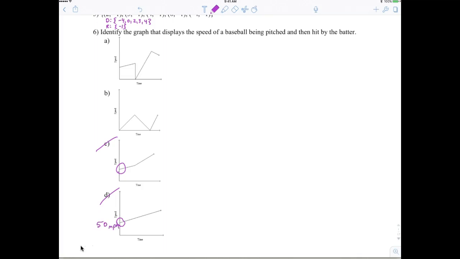Does everybody see that? Like when you throw a baseball, I would think that the baseball starts out at what? Zero. Does everybody agree with that? But let me try to explain something to you. That was my logic. But in reality, actually, Connor was correct.